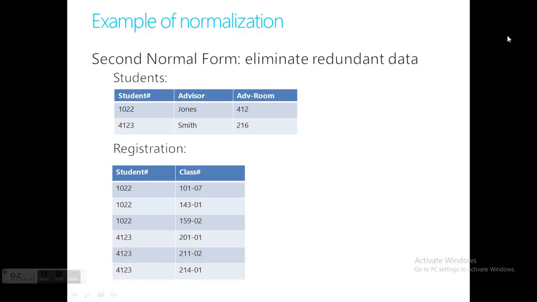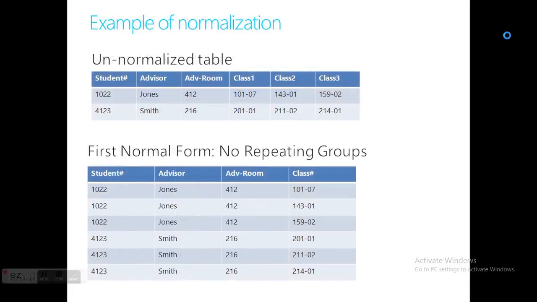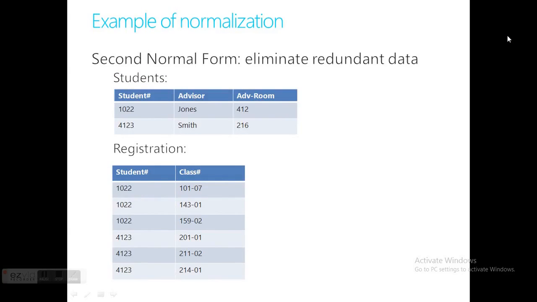If we come to second normal form, we see that in the first normalized table we are repeating student, advisor and advisor room for every tuple. So there is too much redundant data, and we ensure that this gets removed in second normal form. So we created two tables, students and registration.